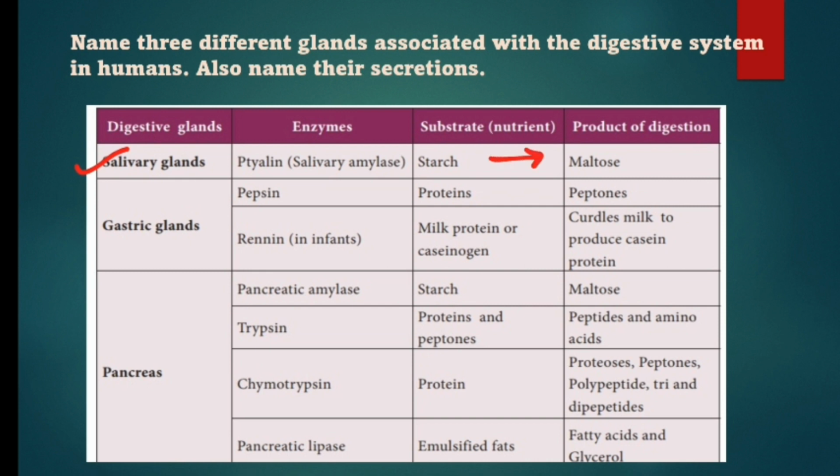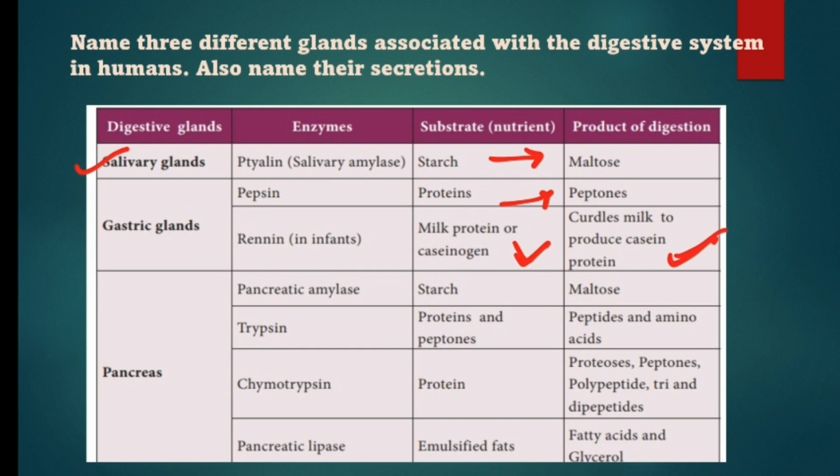Gastric glands secrete pepsin, renin, and hydrochloric acid. Pepsin helps in the conversion of proteins to peptones, and renin is only released in infants. It acts on the milk protein, casein, and helps in the curdling of milk.